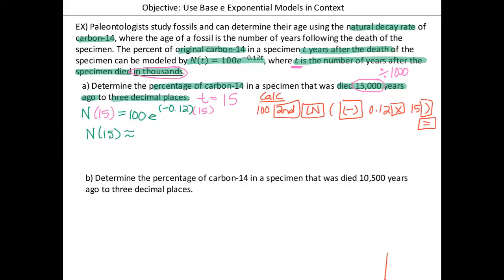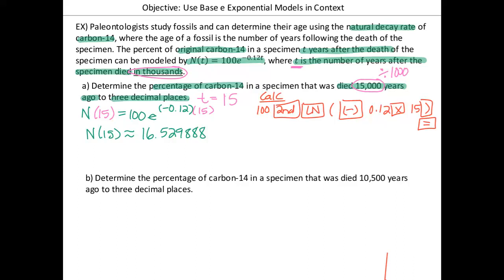Okay, and it says to round to 3 decimal places. So after the decimal, we need 3 numbers. So what did you guys get in the calculator? 16.529888888, and it keeps going.